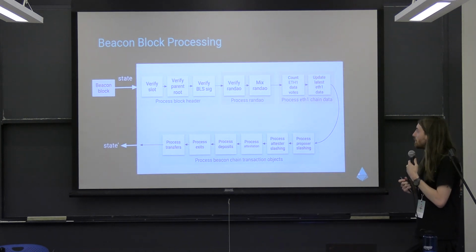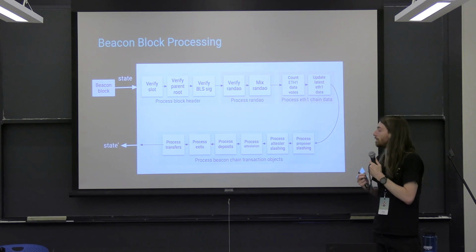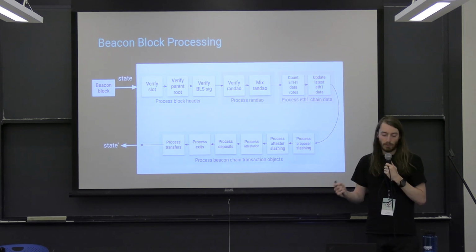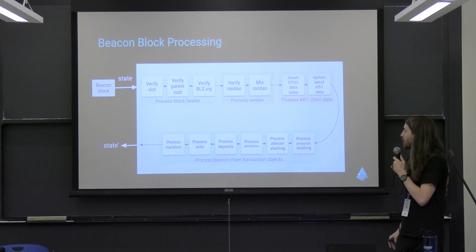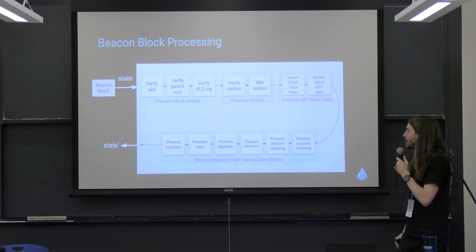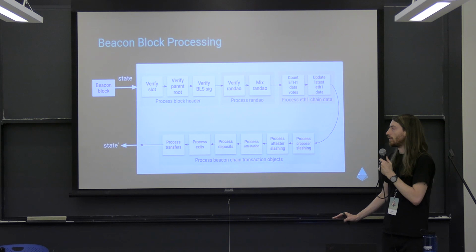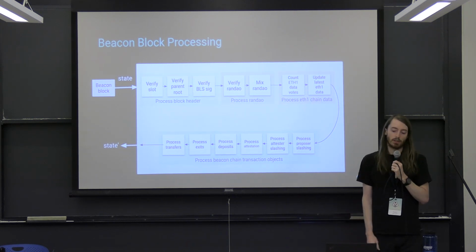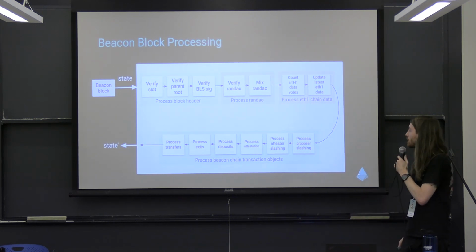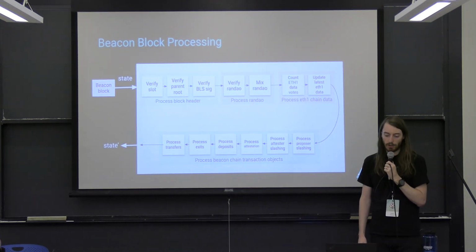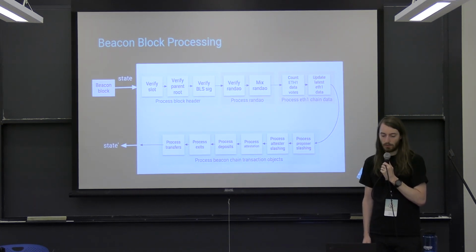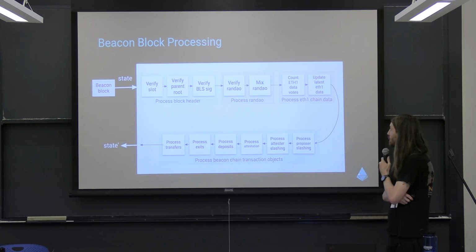We process the ETH1 data, updating it in the state if the voting period has ended and we want to update it. And then we process all of the objects in the operations in the block. So that's, like I said, the slashings, any deposits, attestations, transfers, exits, things like that. Cool. So that's block processing.